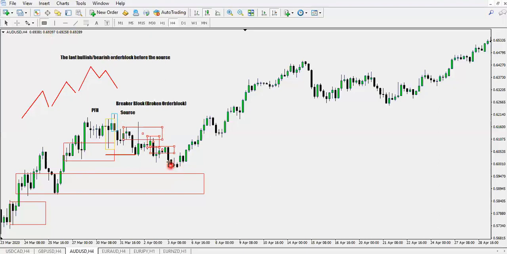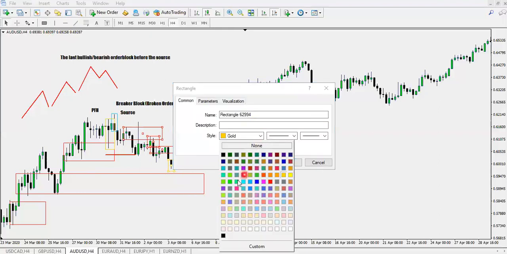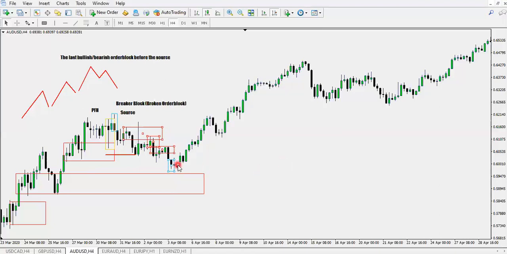So what do we do? We mark this candle up over here as our source. That is our source candle, and this bearish order block was the last order block before the move to the downside.